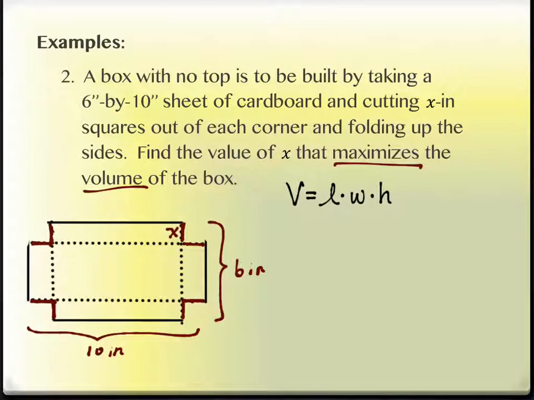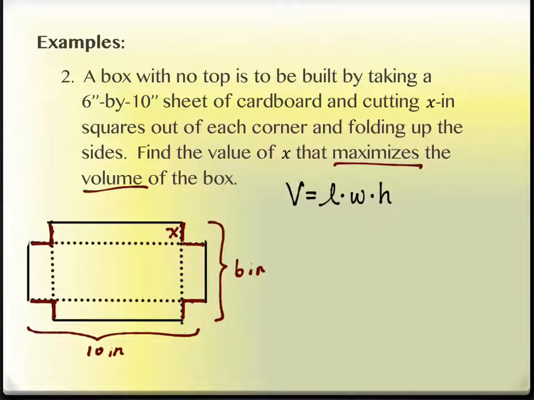So this is actually all the information that we have. So we've kind of gotten to the end of step 3 where we're supposed to be finding an equation with 1 variable, and we now have an equation with 3 variables. And we don't have another equation like we did in the last problem where we could solve it for 1 and substitute it in. We don't have that either. But we do have some nice imagery with our box in the picture that I've drawn that's going to allow us to do just that.